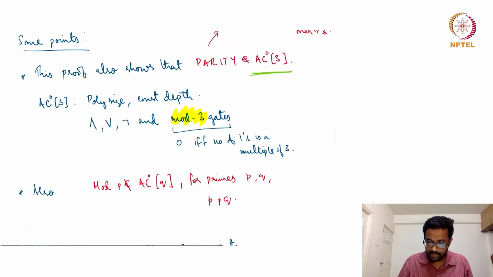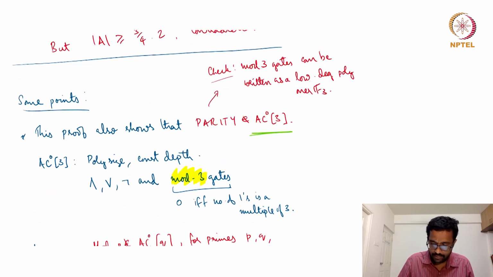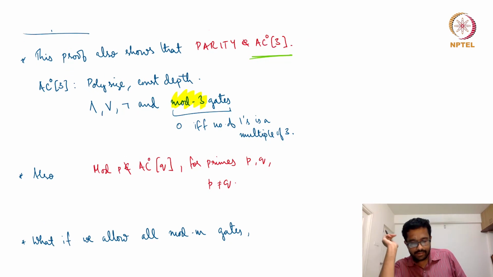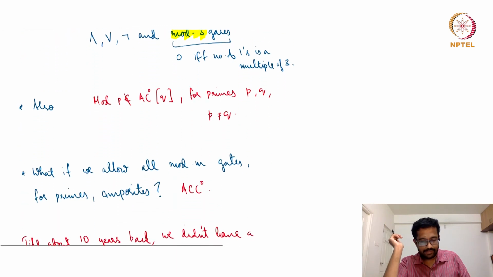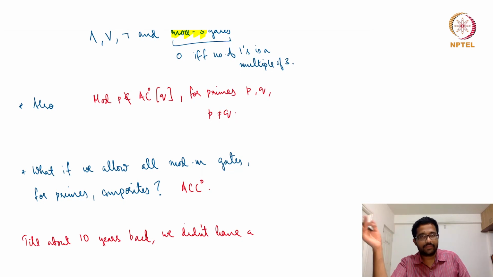Another thing that you can check is that we need P and Q to be two different primes, otherwise this doesn't work. So for instance, you can always write mod 3 using, let's say, mod 9 gates. Just think about how you will do that, right? So if they are not primes, sometimes these kinds of things happen.